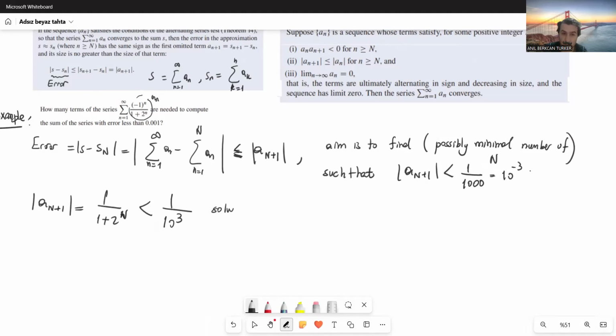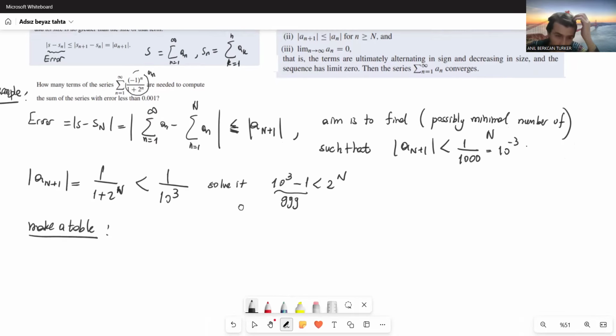I need 10 to the power 3 minus 1 to be less than 2 to the power n, so it's 999. You can directly say that if you choose n to be, I don't know, 100, it will be satisfied. But we are looking for the minimal such number n, so we need to check at each step.